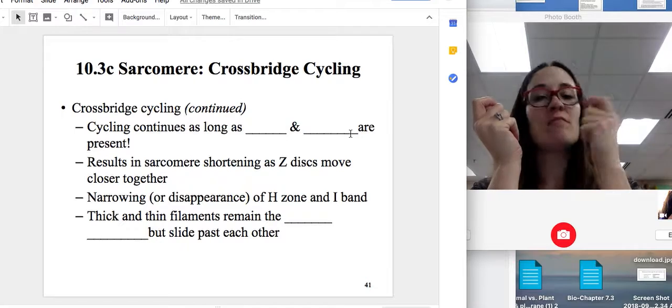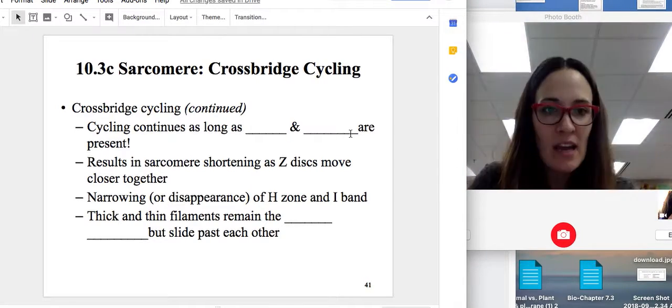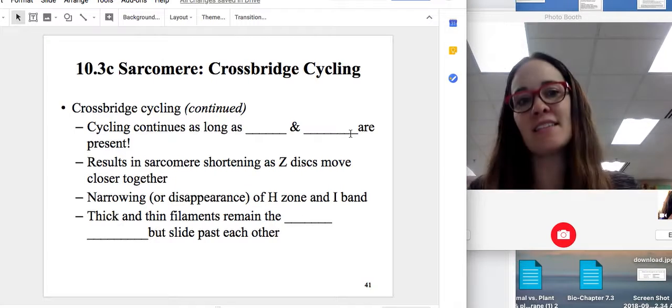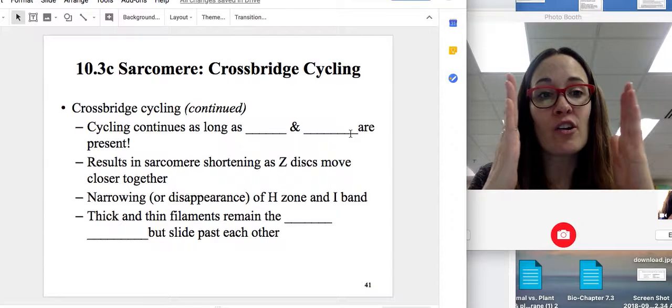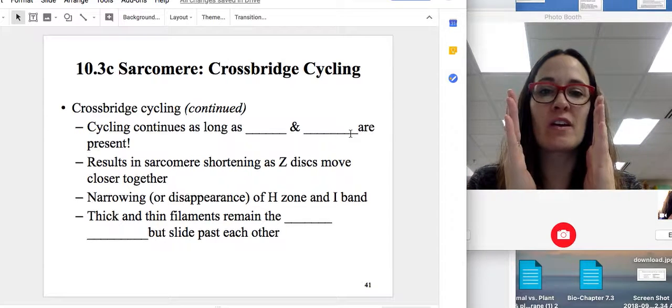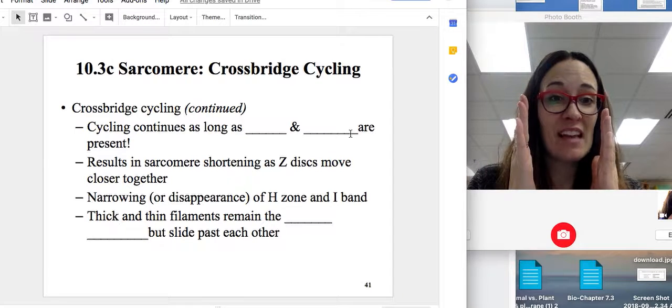As long as the calcium has moved the binding sites out of the way, and as long as that muscle cell has access to energy, ATP, it will result in the sarcomeres shortening, the Z discs moving closer together, and that's a muscle contraction.